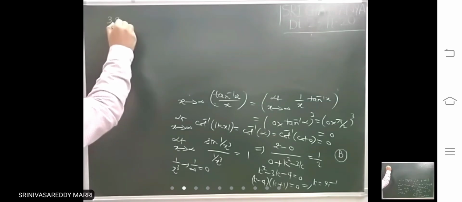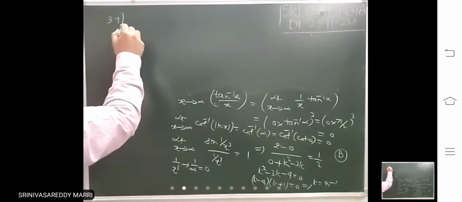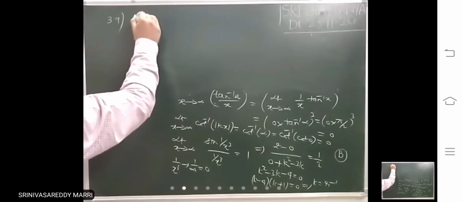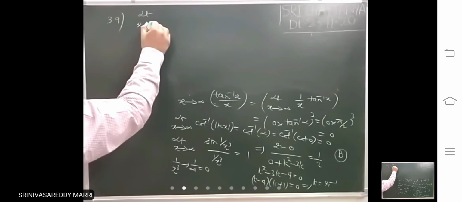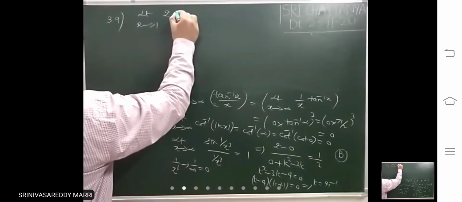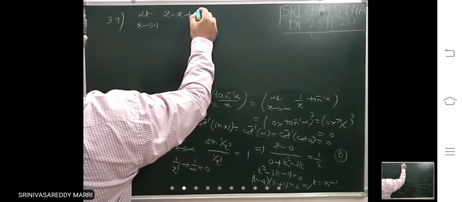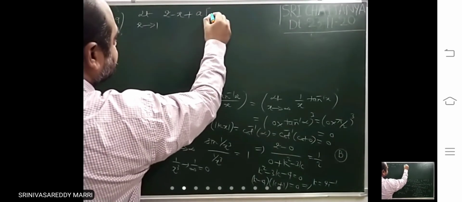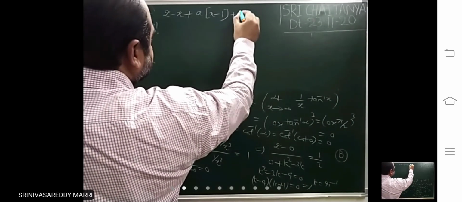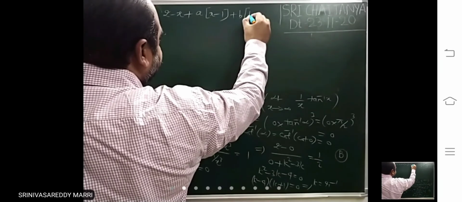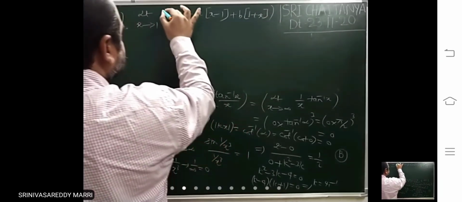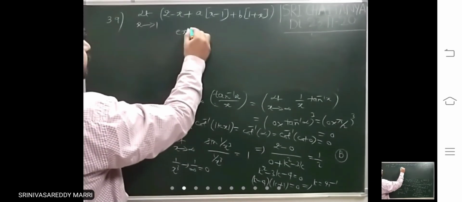39. So given that limit x tends to 1 of 2 minus x plus a into step of x minus 1 plus b into step of 1 plus x exists.